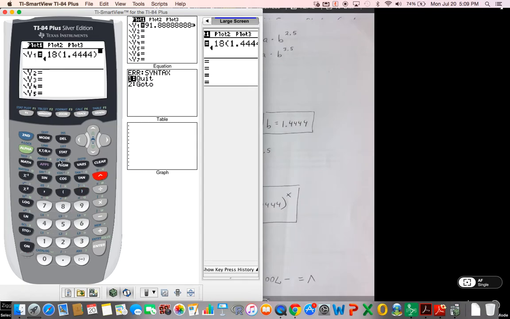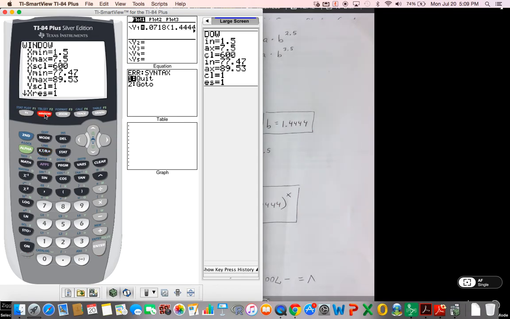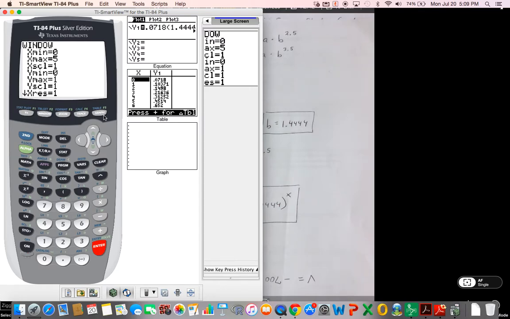And raise that to the x power. Now I want to come in and choose my window, and I see that my x's a while ago ranged from 2.5 to 3.5. So I'm just going to go from, say, 0 to 5, x scale 1. And I noticed that my y's went from 0.18 to 0.26, so I'm just going to go from 0 to 1. That should give me a decent look at my graph.